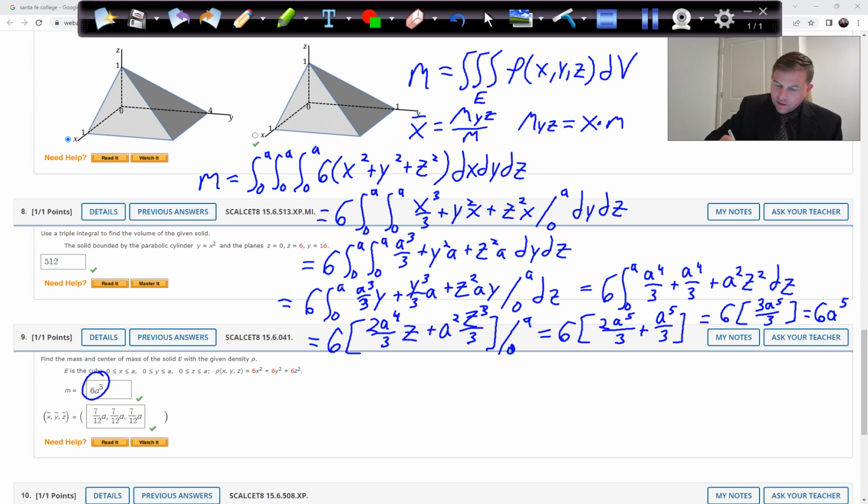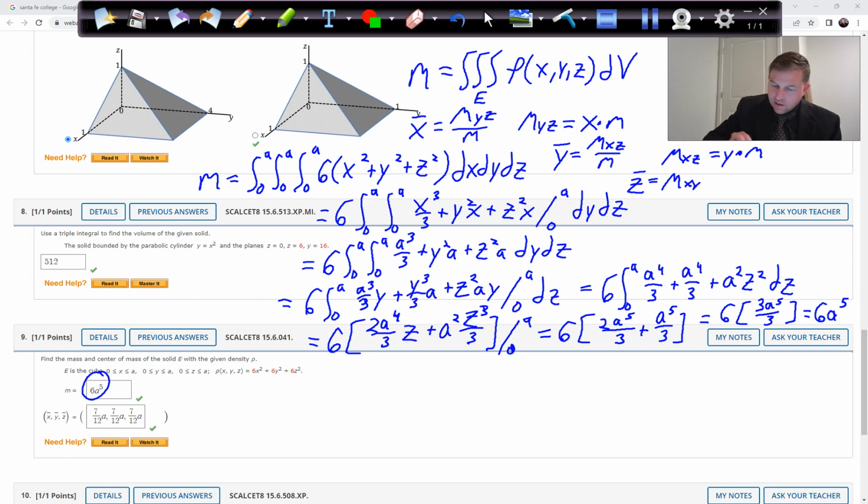And then y bar similarly is Mxz over m, but Mxz is equal to y times the mass equation. And then z bar is the moment in the xy.